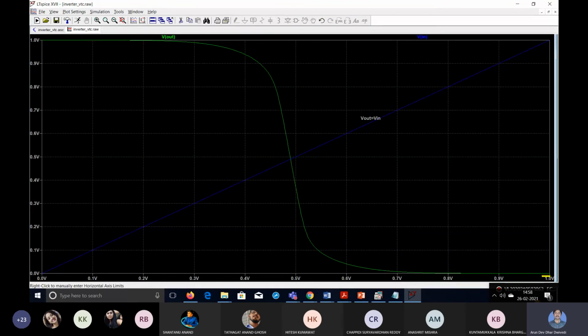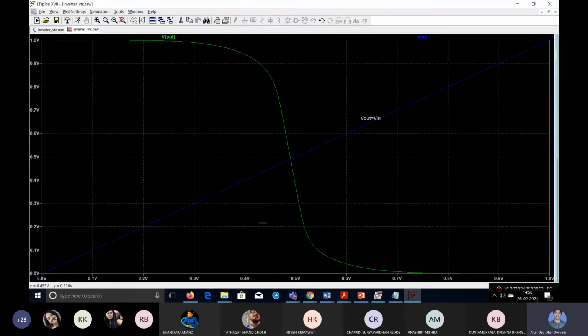So from logic low it is inverting and making it high, and from VIH to VDD it is considering logic high, and the output is inverted and becoming low. In between VIL and VIH it is forbidden, not useful for digital applications.